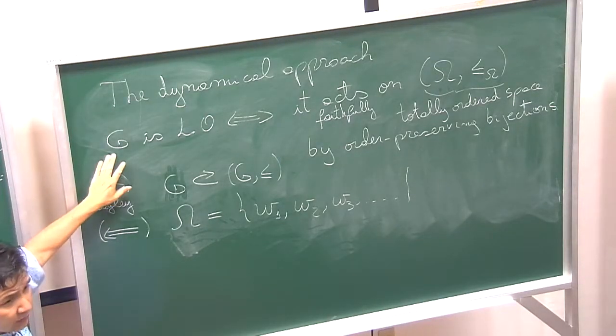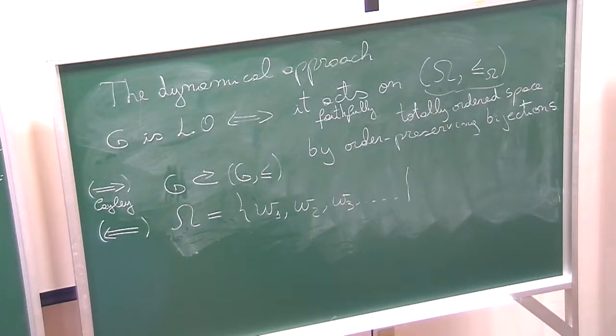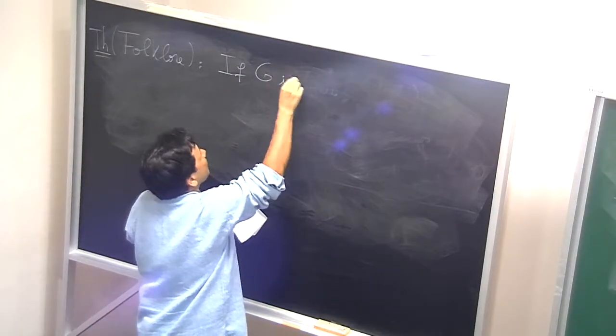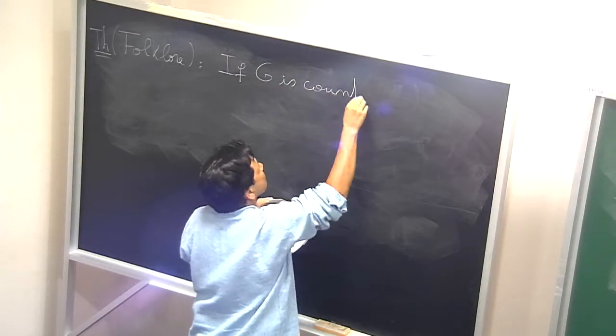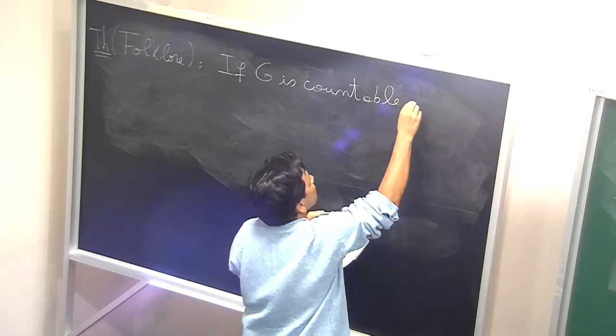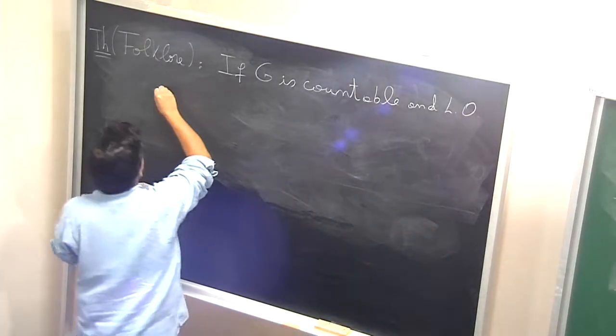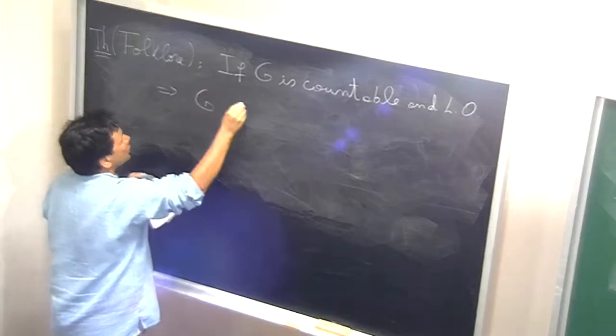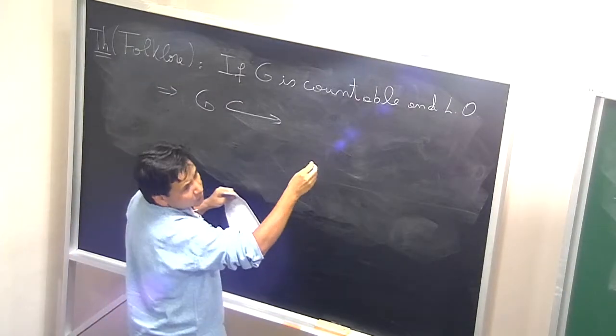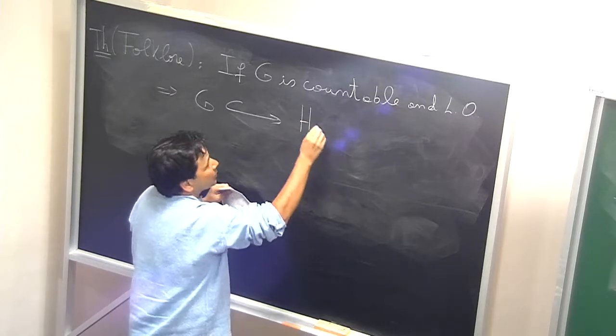But if your group is countable, then you can embed Gamma into the group of order preserving maps of the real line.